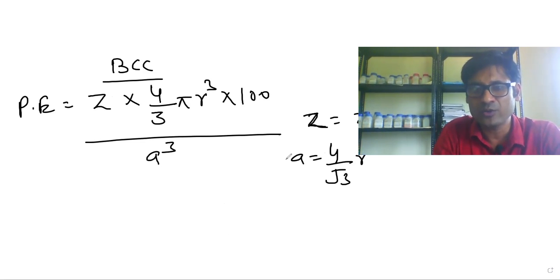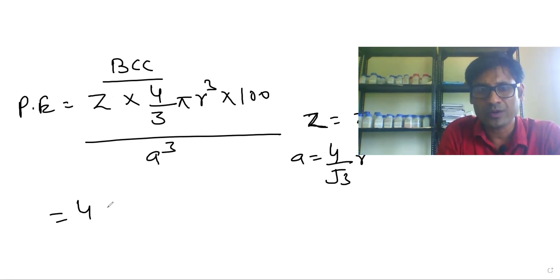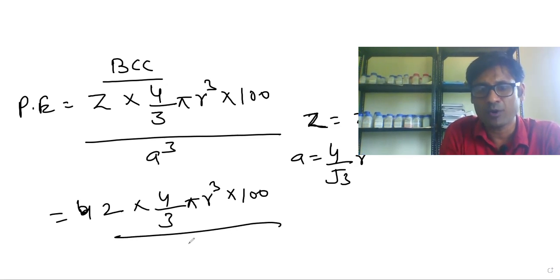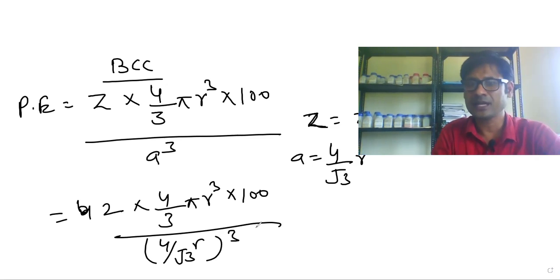Putting the value of a and Z in this equation, then we get 2 into 4 by 3 pi R cube into 100 upon (4 by under root 3 R) cube. Clear?